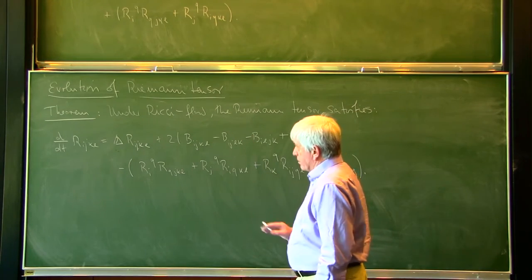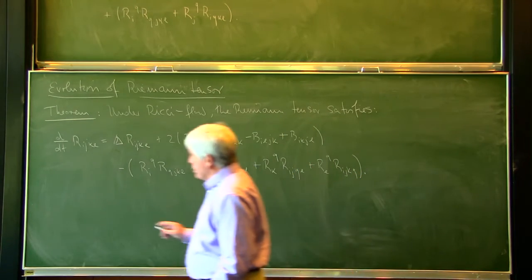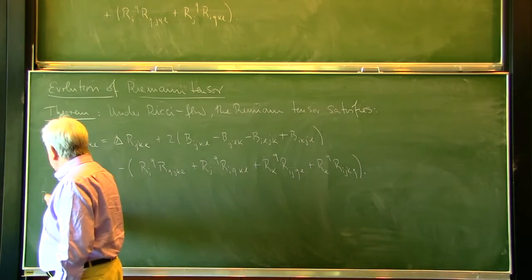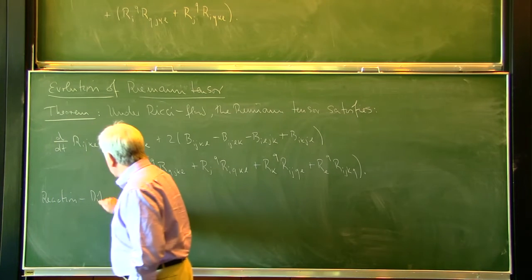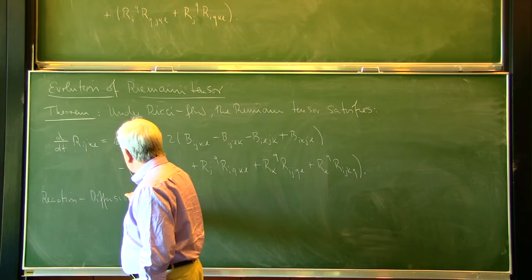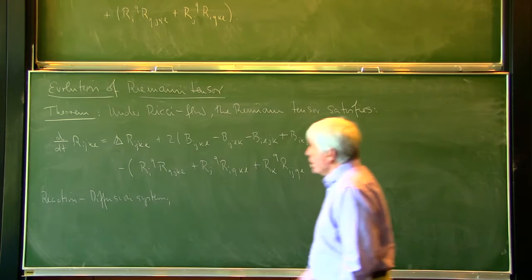And let me again point out how special this is. From a certain point of view, you can view this as a reaction diffusion system, but a very special one.